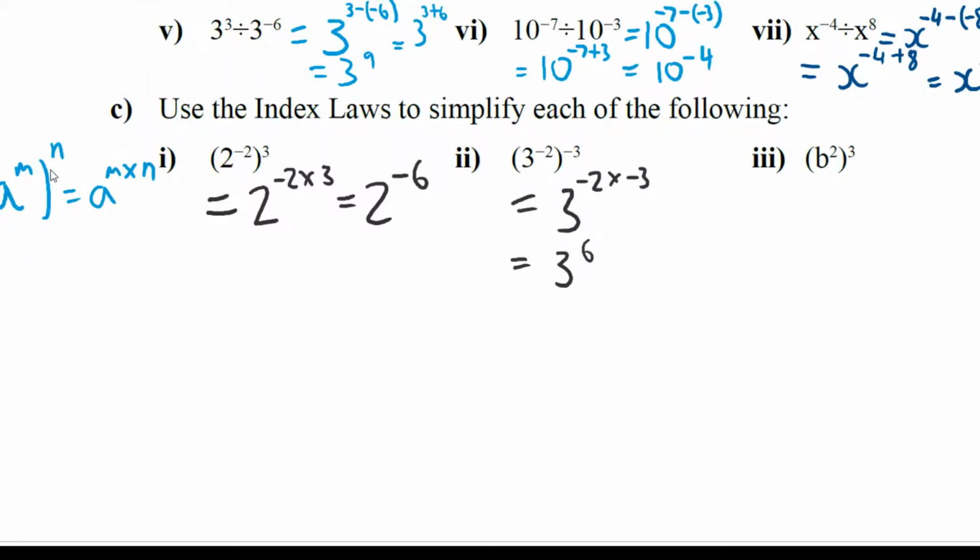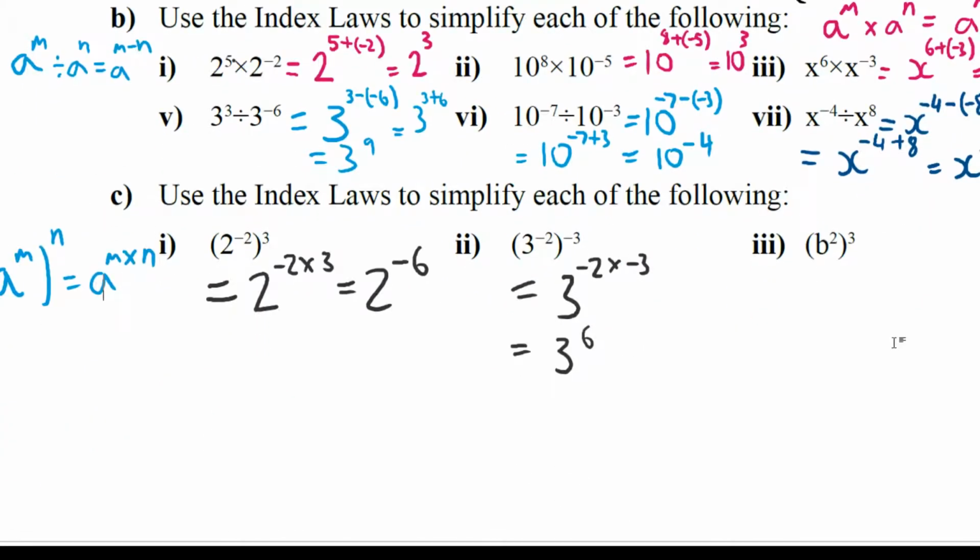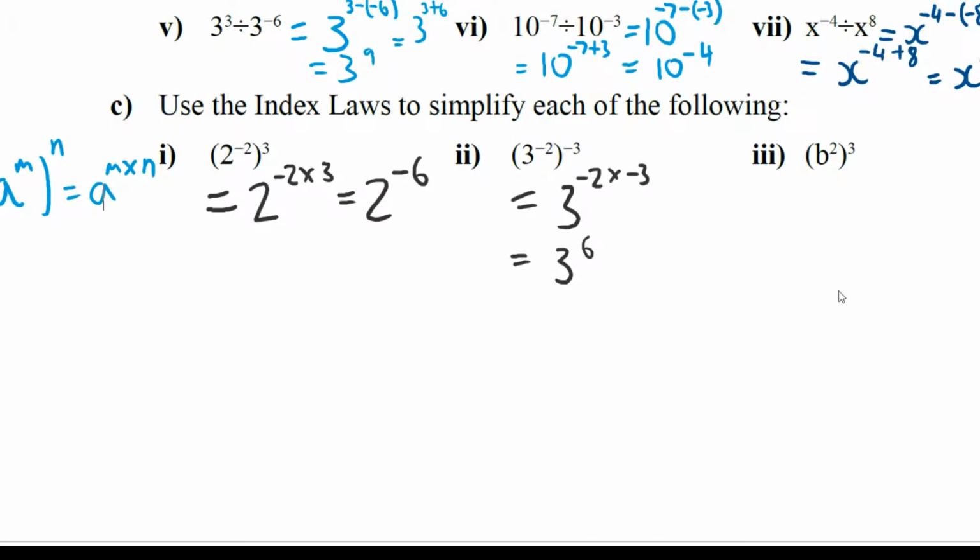This one in the fancy color. Look at this one. Whoops. That didn't go my way. And let's try that one again. Yeah, that's better. Now we've got b to the power of 2 times 3, which gives me b to the power of 2 times 3 is 6.